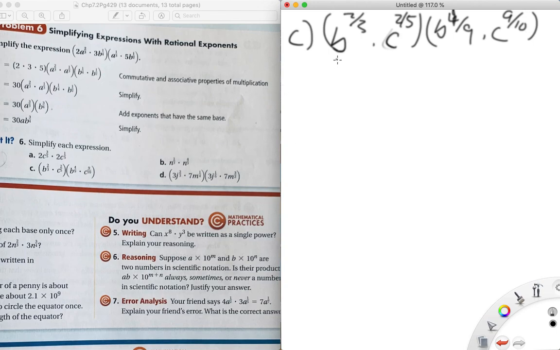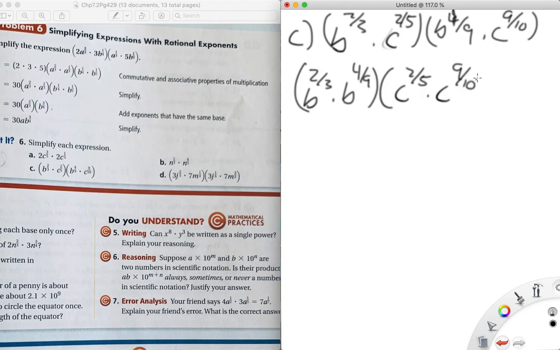I'm going to put the B's with each other. So B to the 2/3 times B to the 4/9, because they have the same base, times C to the 2/5 times C to the 9/10.